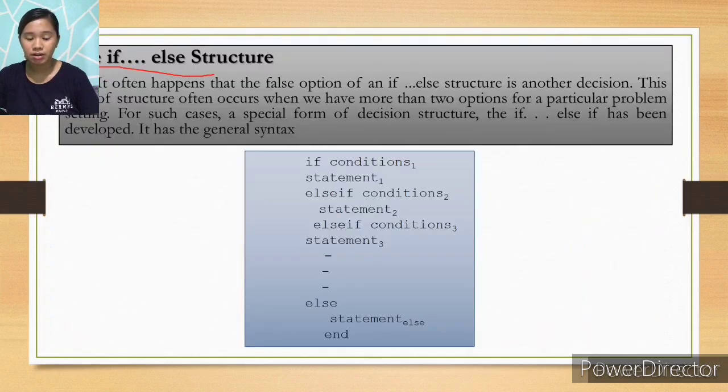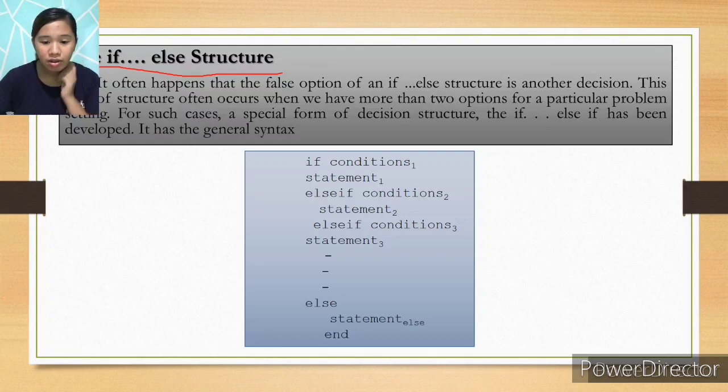So, the if-else-if structure. It often happens that the false option of an if-else structure is another decision. This type of structure often occurs when we have more than two options for a particular problem setting. For such cases, a special form of decision structure, the if-elseif, has been developed.